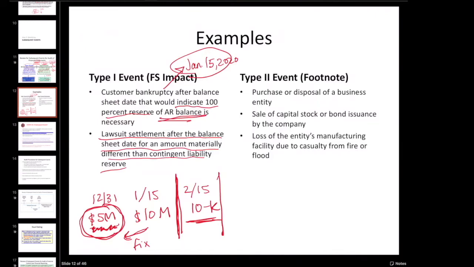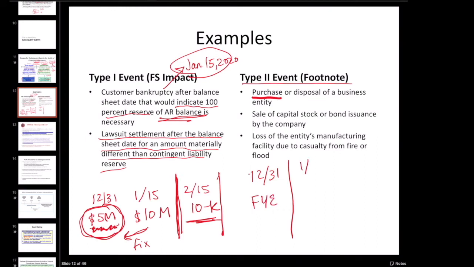Okay, so let's talk about some examples. A type 2 event, the kind of classic example would be, let's say I make an acquisition. So once again, 12/31, I have the financial statements. It's my fiscal year end.